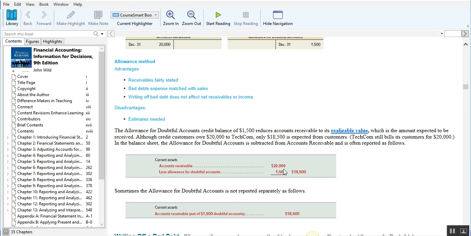And then we're going to net out the allowance amount, because we are going to show these receivables at their net realizable value. And because we expect to write off $1,500, we are going to record these at the lower amount of $18,500. We're going to show that we're actually anticipating collecting $18,500 as opposed to the full $20,000.